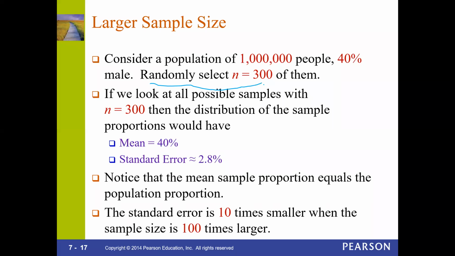You select the sample out of the population. Suppose they say 40% are male. This is P, given to you right here. They already give you the P. The reason why we say the mean for the sample is 40% is because P hat tries to express P. Another way you can say it: the mean sample proportion equals the population proportion.